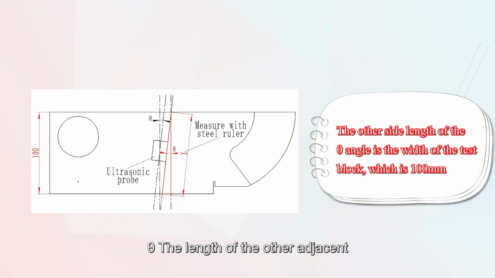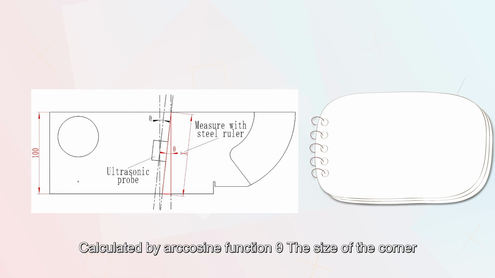The length of the other side adjacent to the angle zeta is the width of the test block, which is 100 millimeters. The size of the angle zeta is calculated by the cosine function.